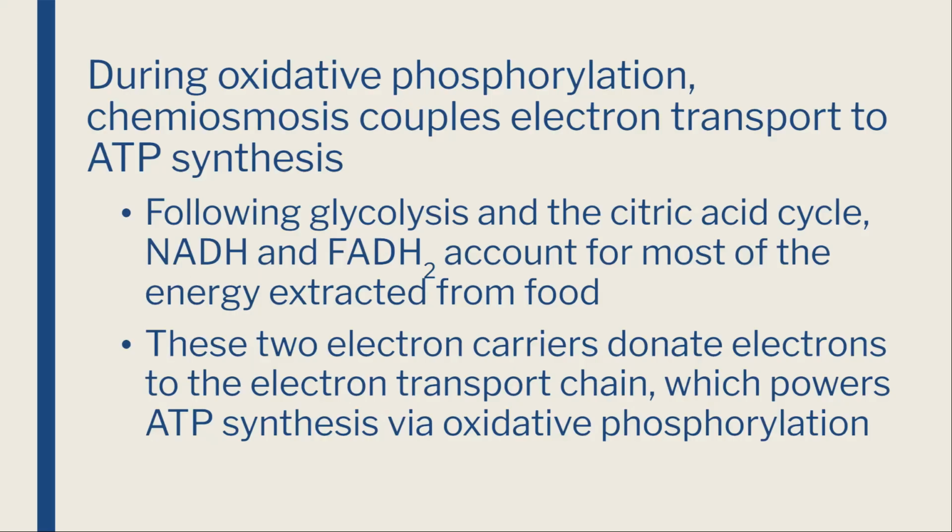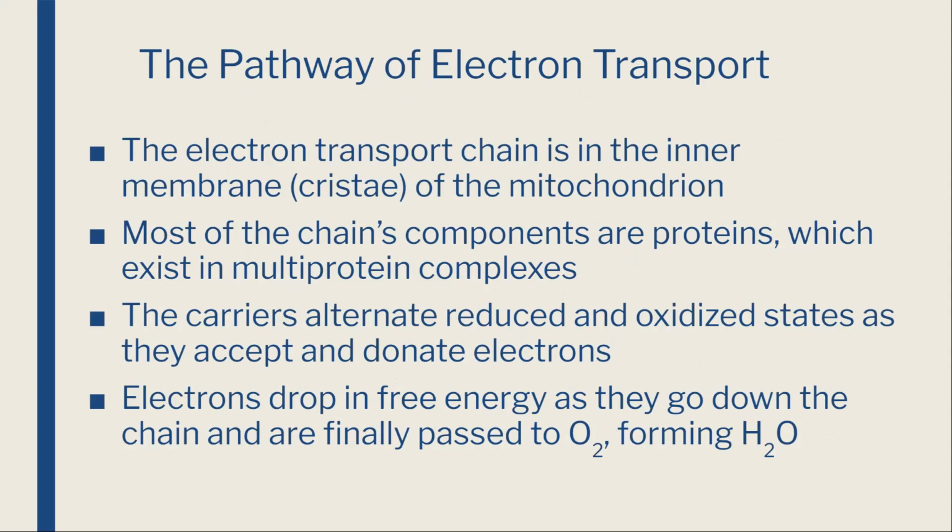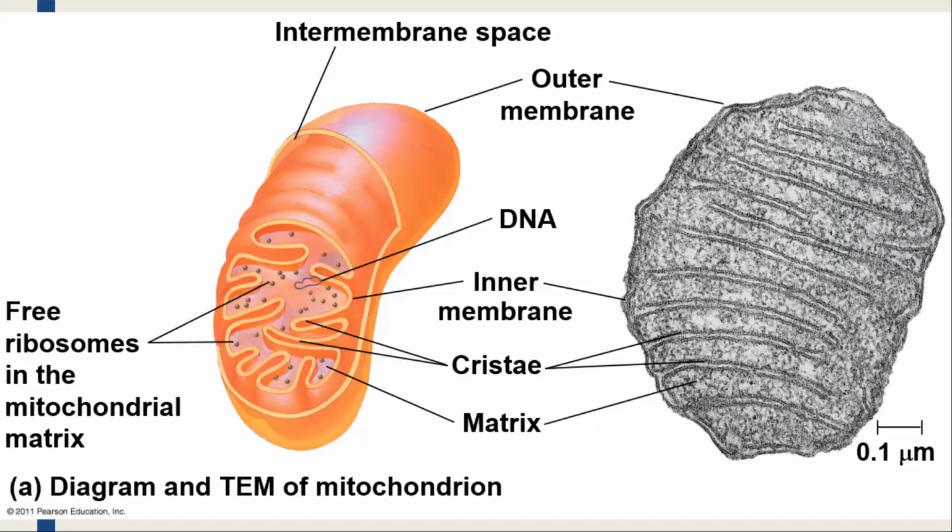And then those electron-carrying molecules are going to go to the membrane, and that's going to drive the electron transport chain. So the electron transport chain is embedded in the infoldings of the mitochondria. All of them are in that inner lining, and that's where the electron transport chain will occur. The electrons get passed down the electron transport chain kind of like playing hot potato.